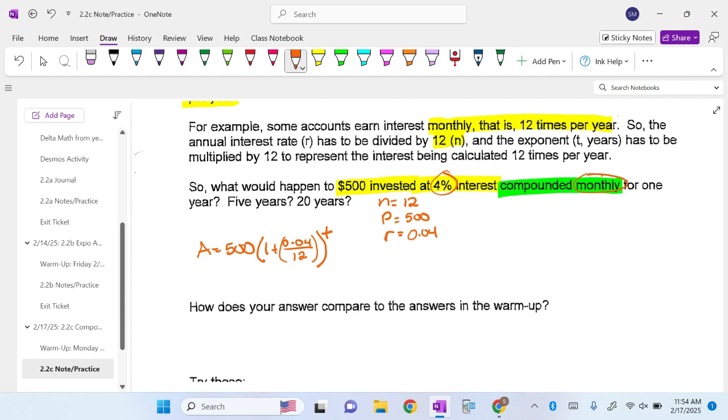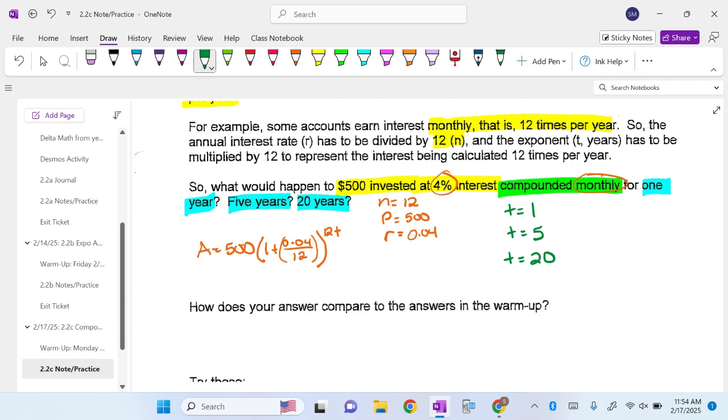Now we're going to use this formula to determine how much we have in our account after 1 year, 5 years, and 20 years. So we're finding when t is equal to 1, t is equal to 5, and t is equal to 20.